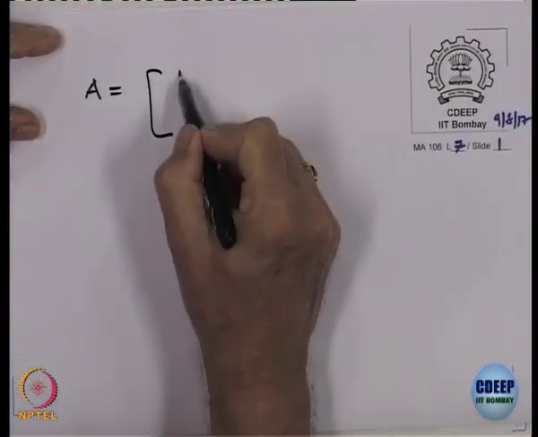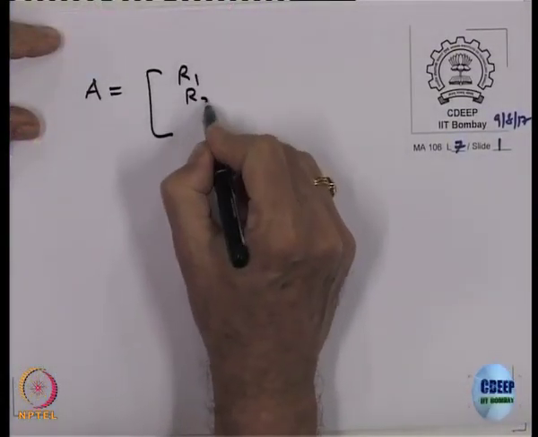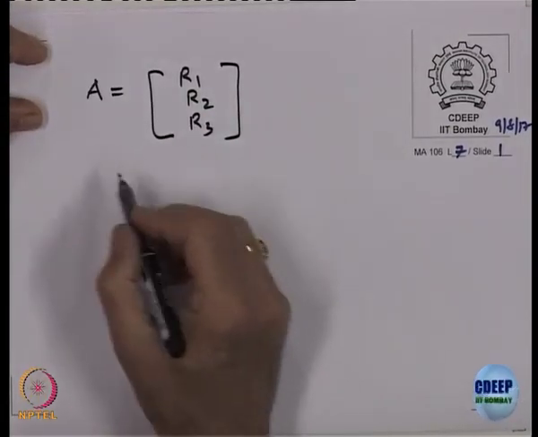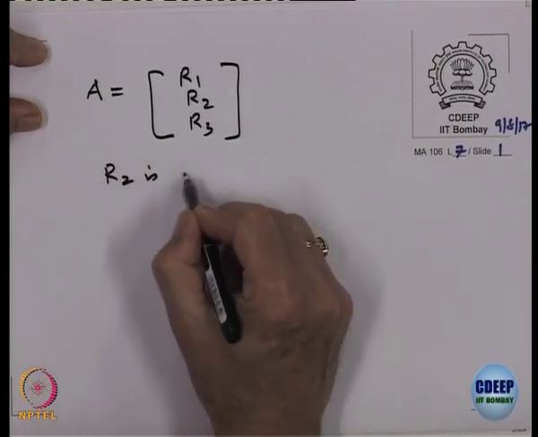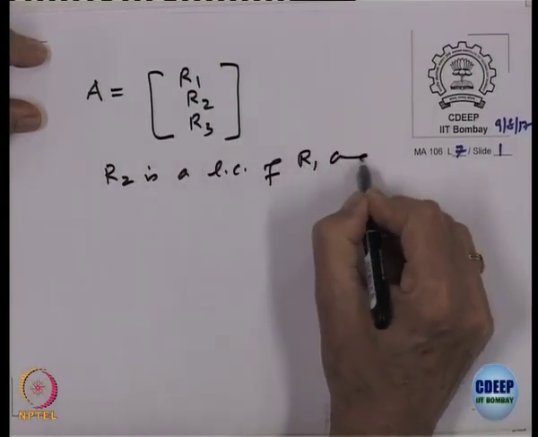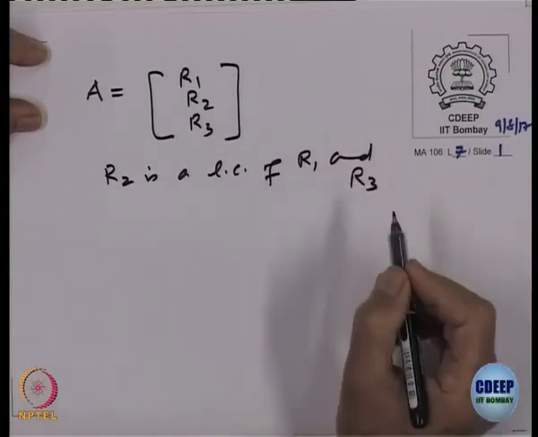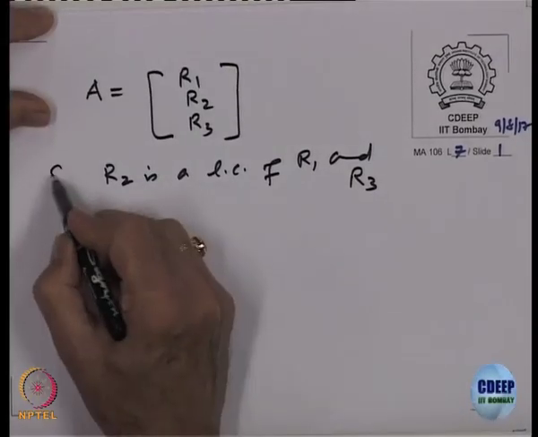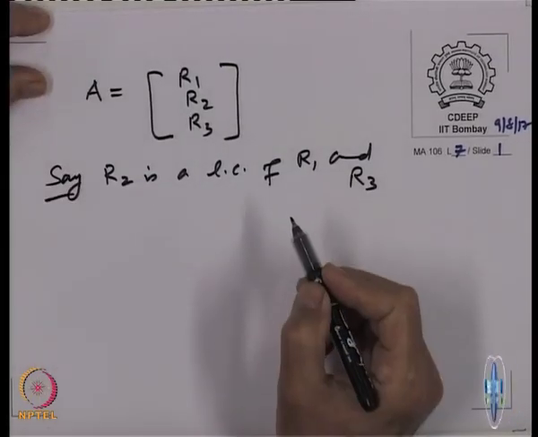So, let us take a matrix A, which is R1 here, R2 here and R3 here, right. Let us say R2 is a linear combination of R1 and R3. They are dependent. So, one of them will be, let us say R2 is a linear combination.